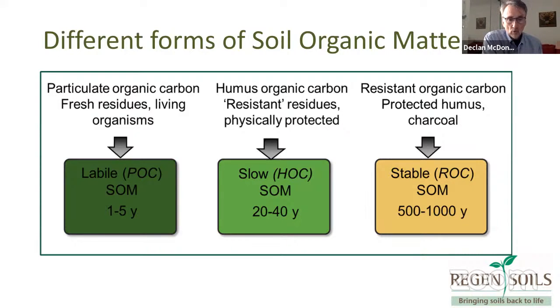The slow pool is also referred to as humus, and certainly humus can also last longer than 40 years. And then the resistant organic carbon pool certainly lasts the longest. So I want to focus in on the labile pool today as a pool that is most responsive to our management and most influenced by our management.